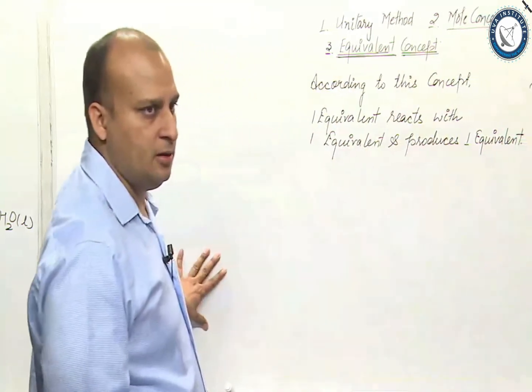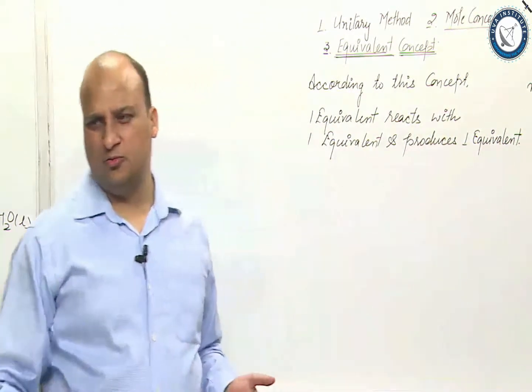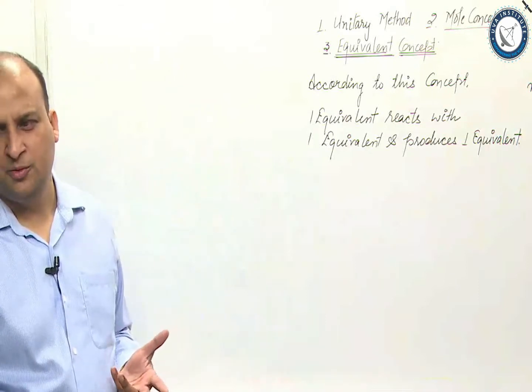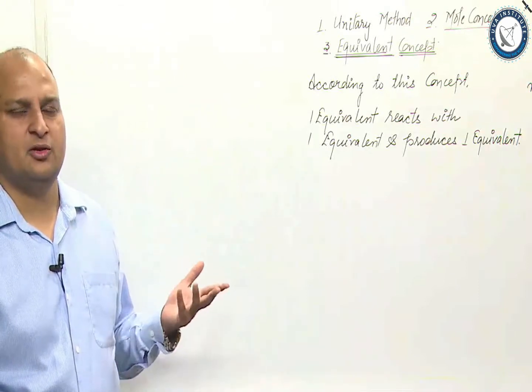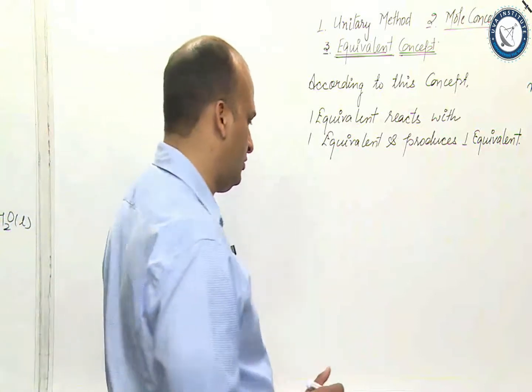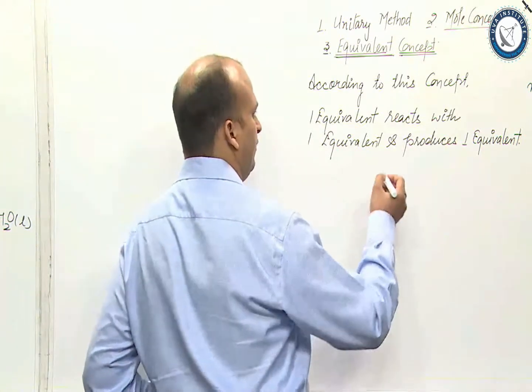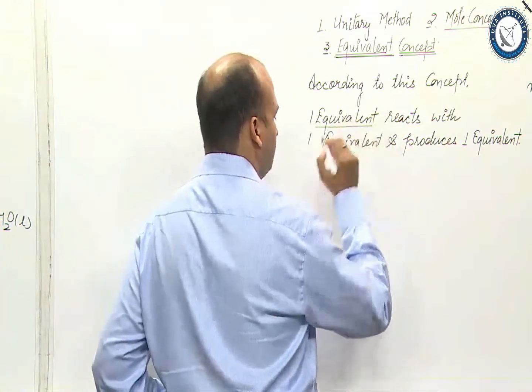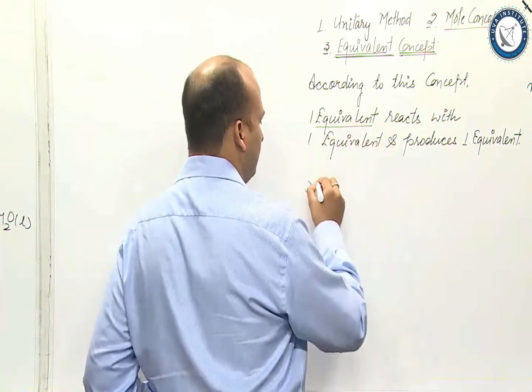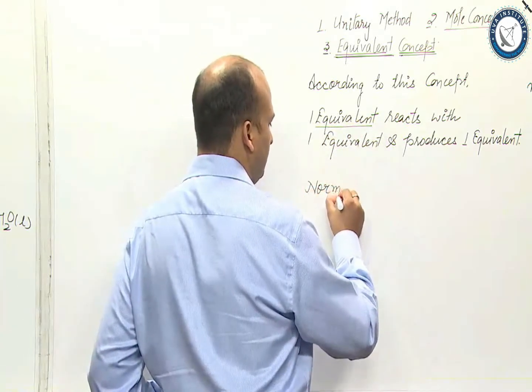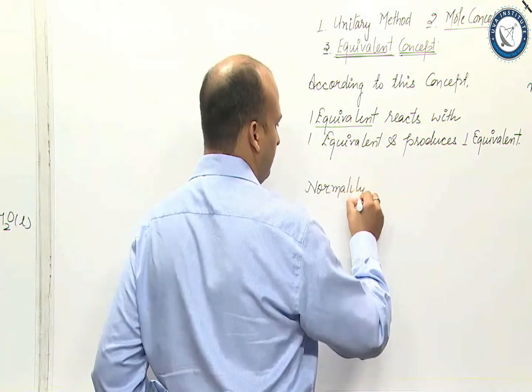Okay. But now you would want to know the meaning of one equivalent, first of all. From where did we get the term equivalent? So we got the term equivalent from the concentration term normality.